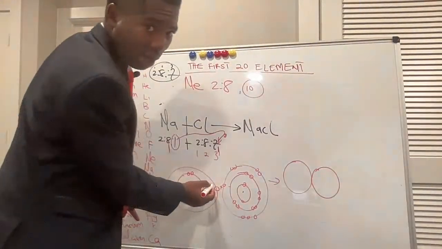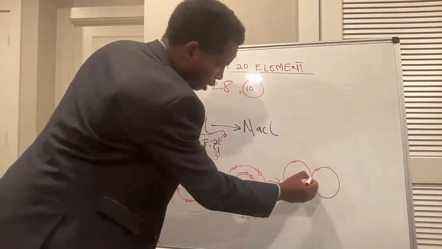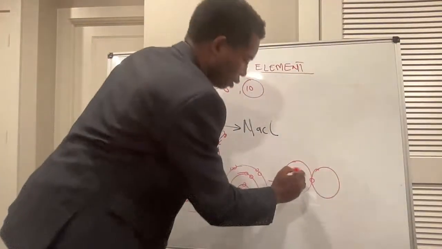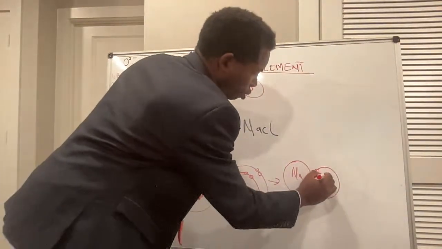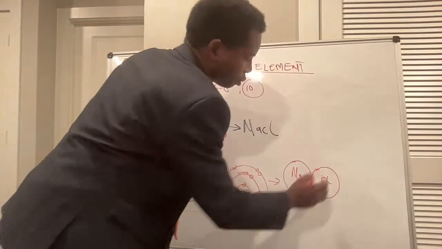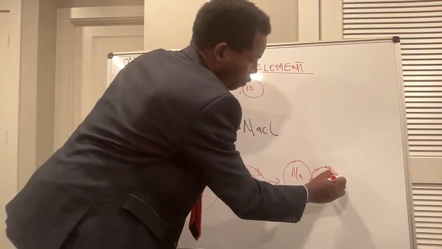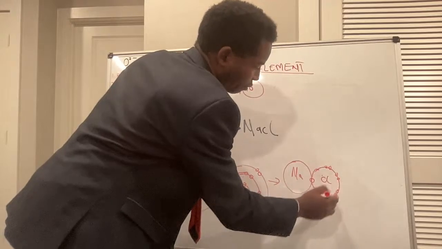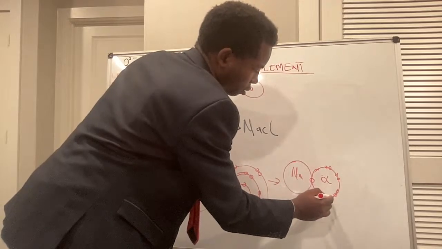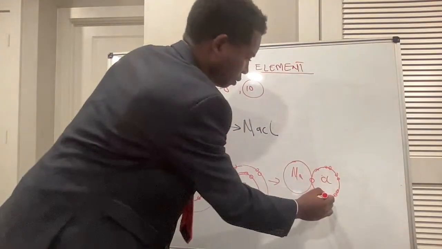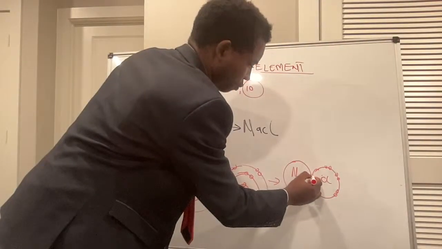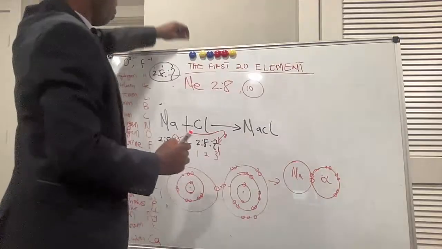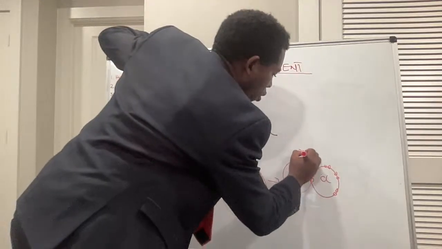Just drop it here. Chlorine has 7. Add your 7. This is sodium and this is your chlorine. So 1, 2, 3, 4, 5, 6, 7. You can see there is what we call an octet state.